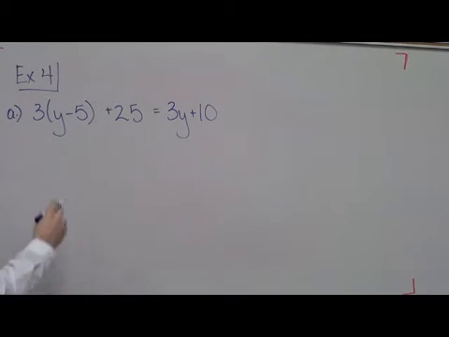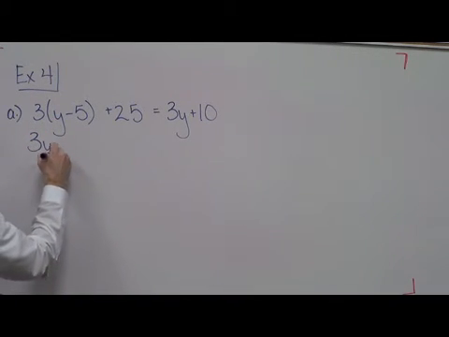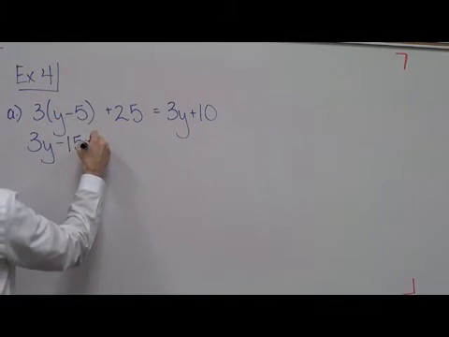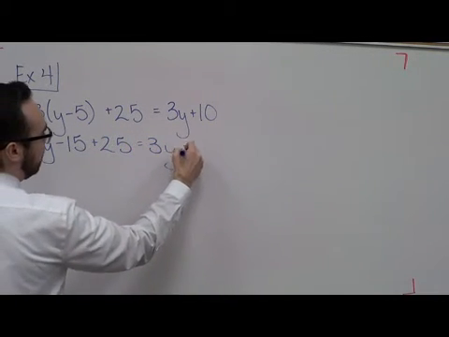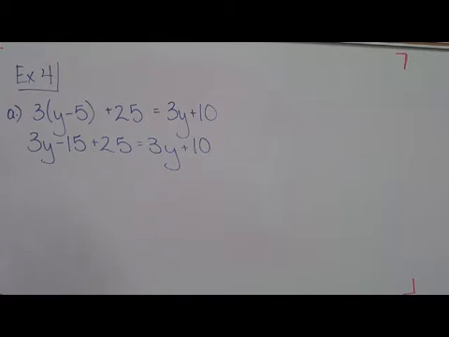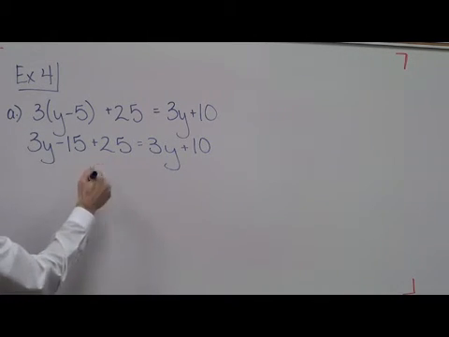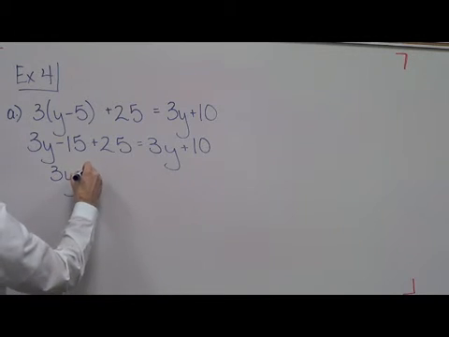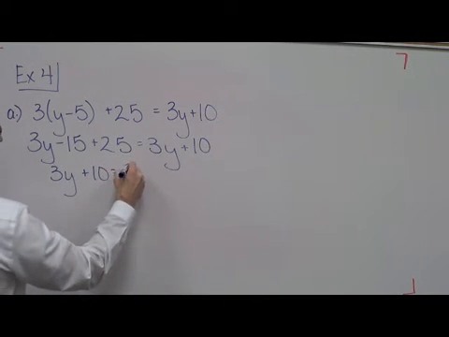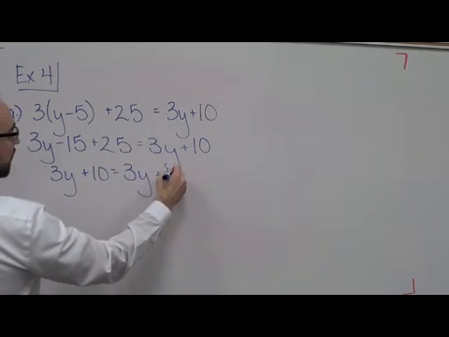So we start by distributing, so we end up with 3y minus 15 plus 25 is equal to 3y plus 10. Combine like terms: 3y, negative 15 plus 25 is a positive 10, is equal to 3y plus 10.